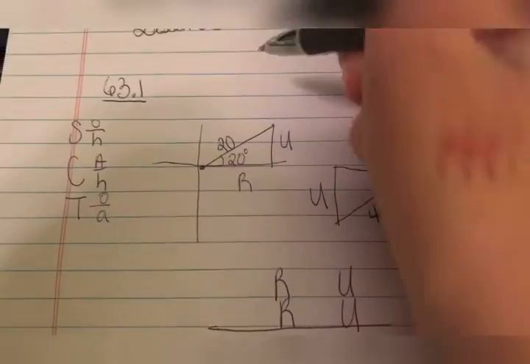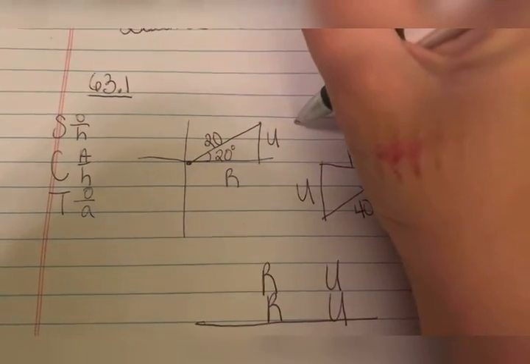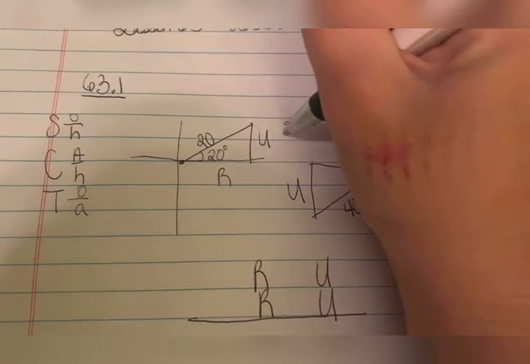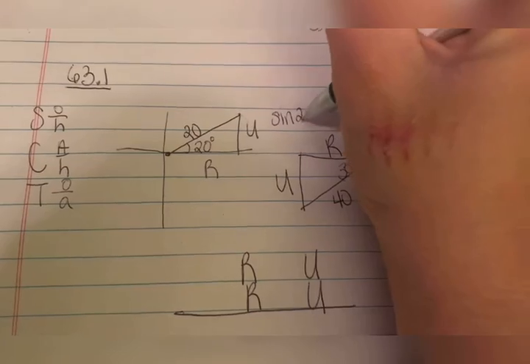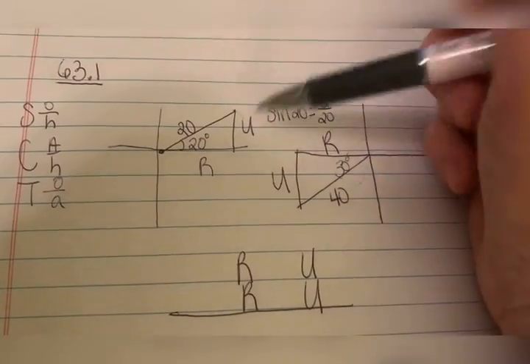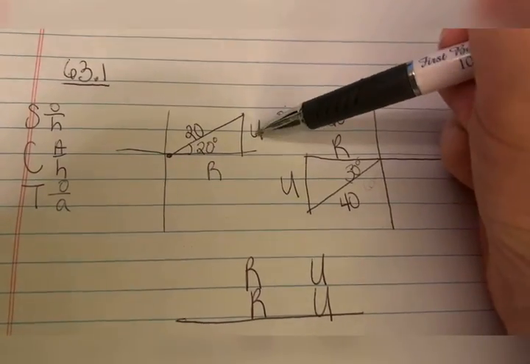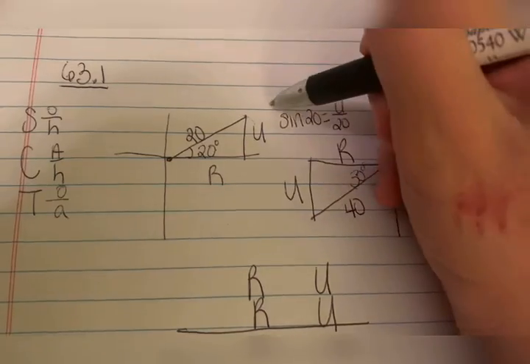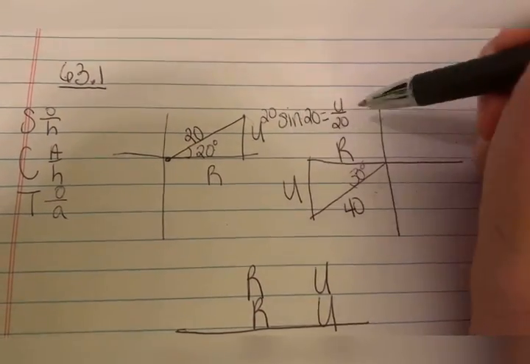So for this U, it's going to be sine 20 equals U over 20, right? Sine of this 20 is opposite over hypotenuse, so it's U over 20. You bring this 20 over here, so it's going to be 20 times sine 20.